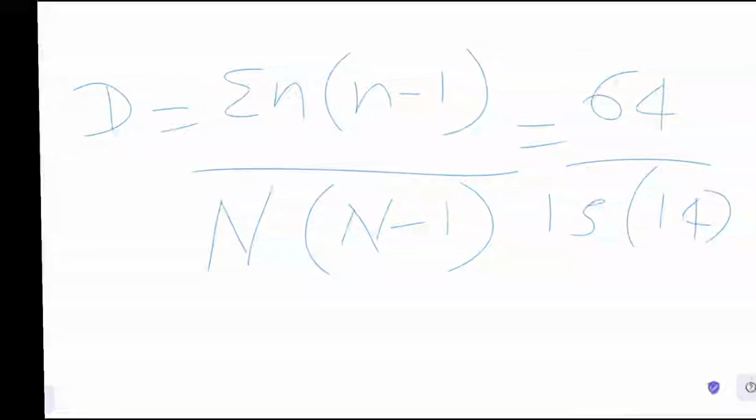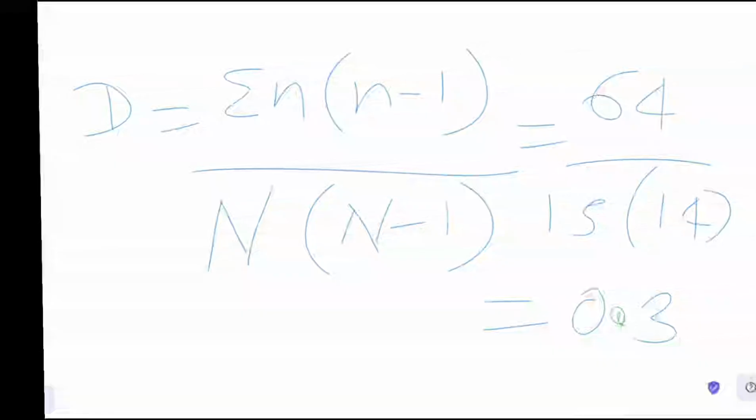So the answer is 0.3. So the Simpson index, that is capital D, comes out to be 0.3, whereas the Simpson index of diversity, 1 minus D, comes out to be 0.7.